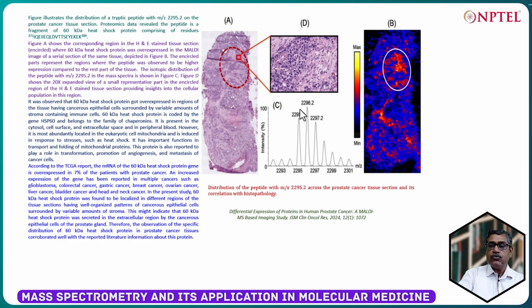So, obviously 2295.2 is the monoisotopic peak, then one C12 replaced by one C13, 2 C12 replaced by 2 C13, 3 by 3, like that. Naturally this has more than 100 carbon atoms, so we do expect one C13 by default, which is why the monoisotopic peak is not the most intense one, but the second one is.